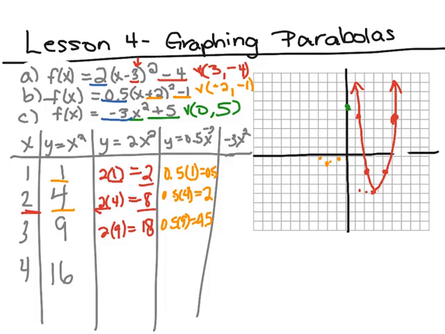If I go over 2, I go up 2. Always start from your vertex, not from the last point. If I go over 3, I go up 4.5. This would be in here. So this would be your parabola.